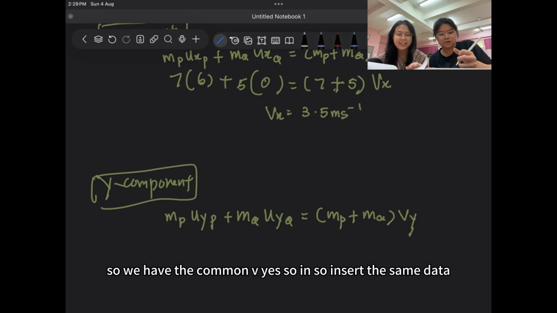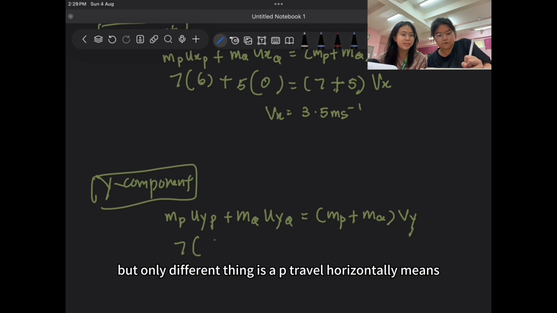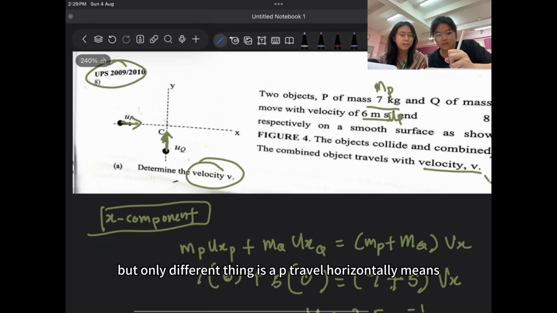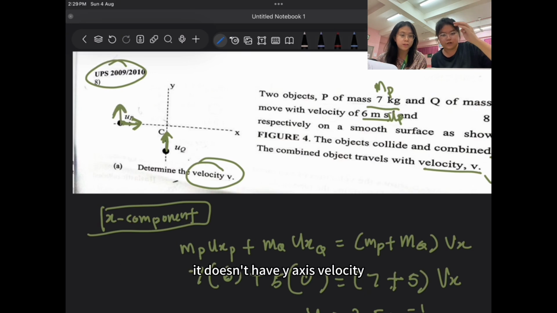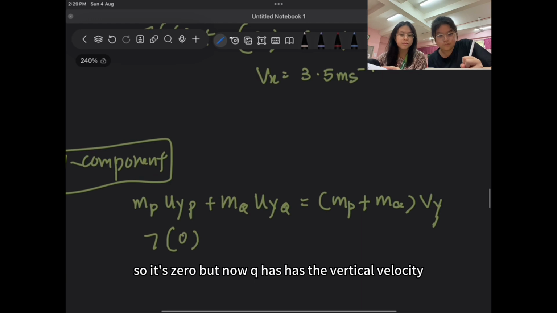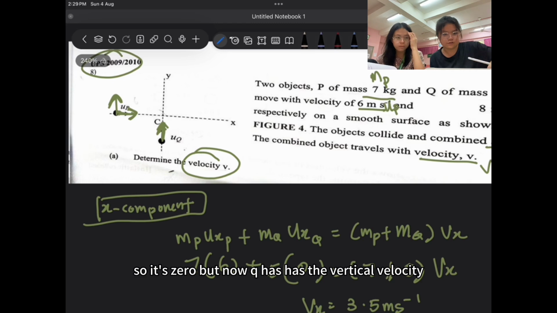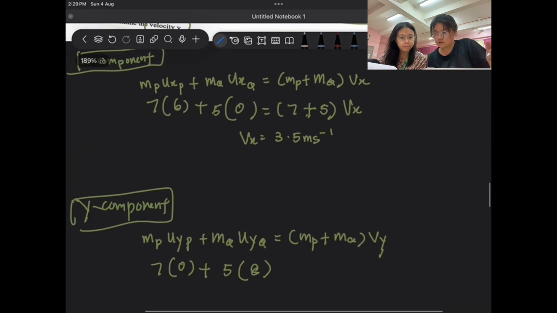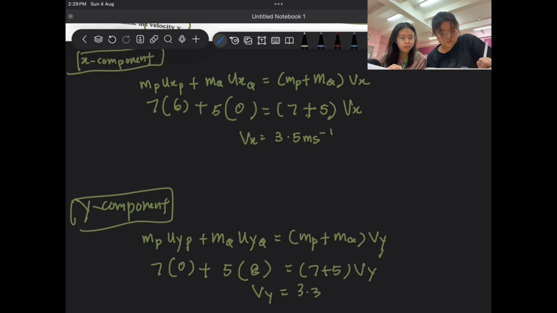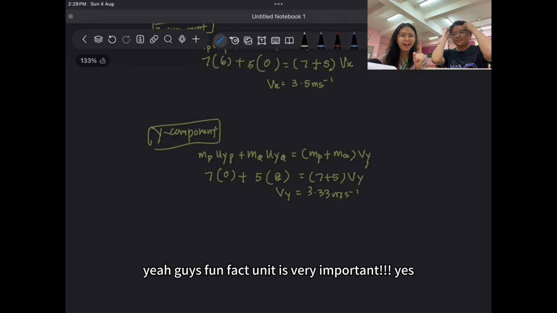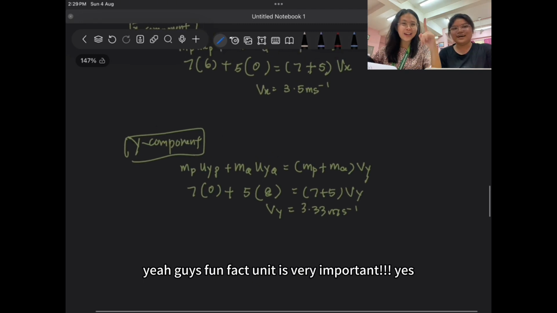Insert the same data, but the only difference is P travels horizontally, so it doesn't have y-axis velocity, so it's 0. But now Q has the vertical velocity, so it's 8. Vy equals 3.33 meters per second. Use your calculator again. Guys, fun fact, unit is very important.